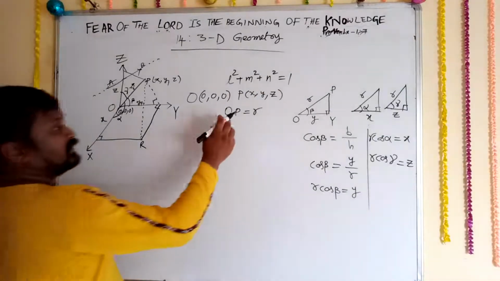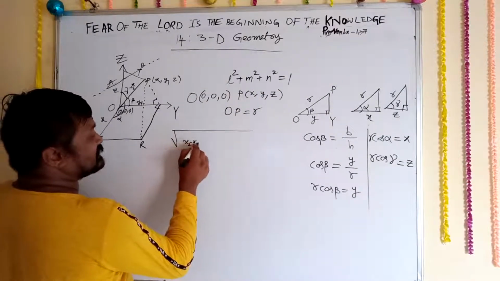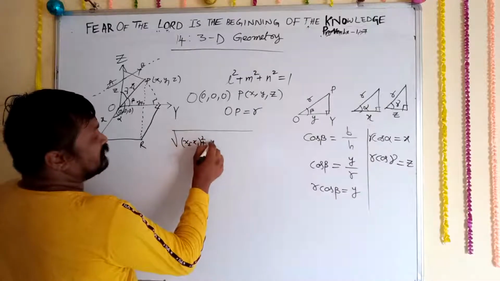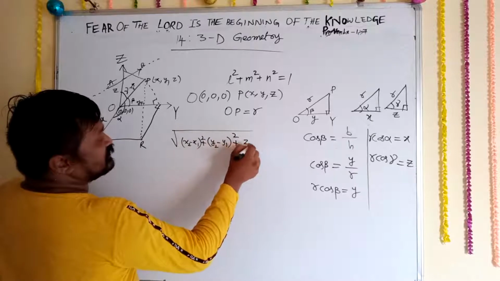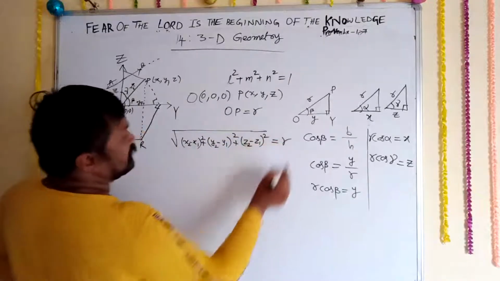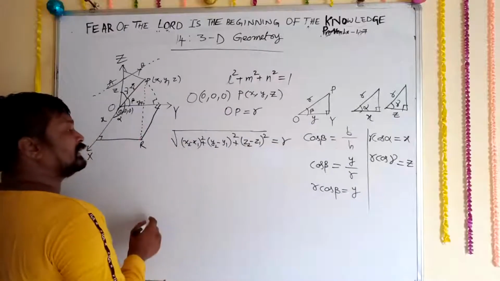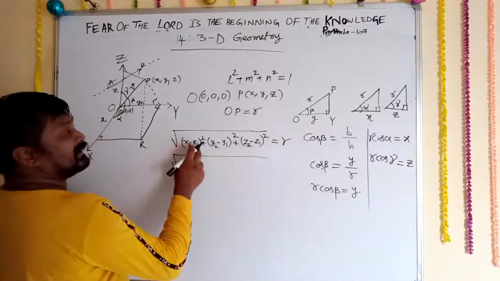Now OP means what do you know? Square root of x2 minus x1 whole square plus y2 minus y1 whole square plus z2 minus z1 whole square is equal to r. Now what I will do here, just observe carefully: square root of x2 minus x1.